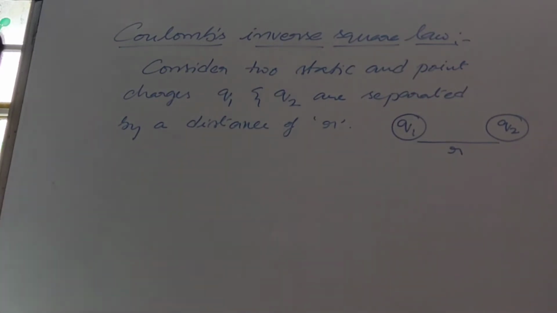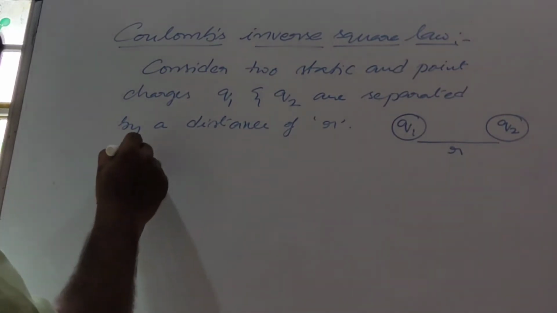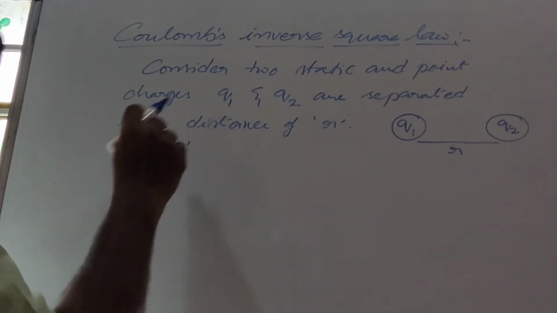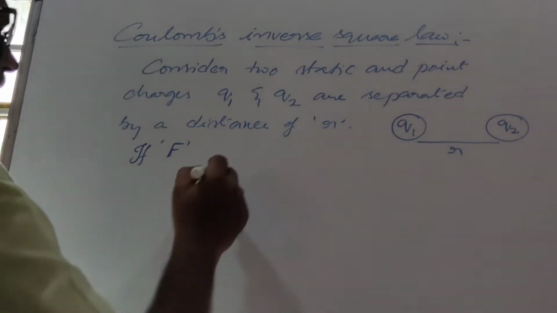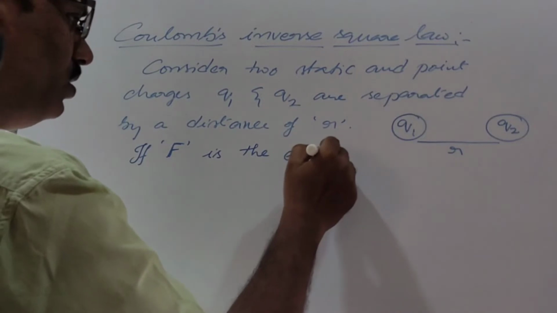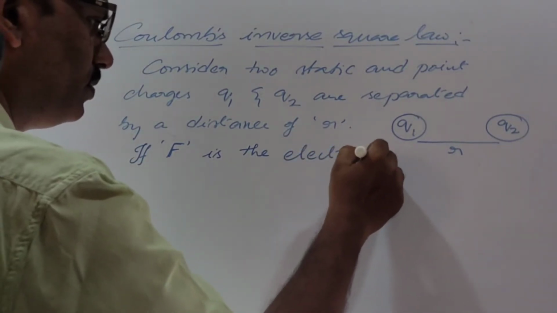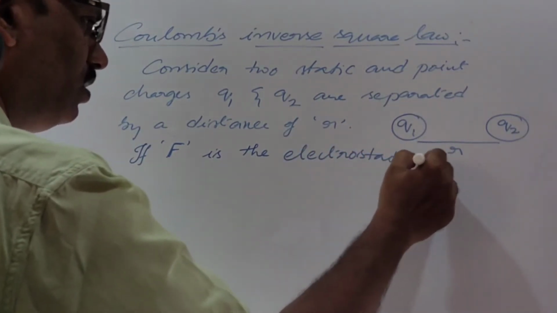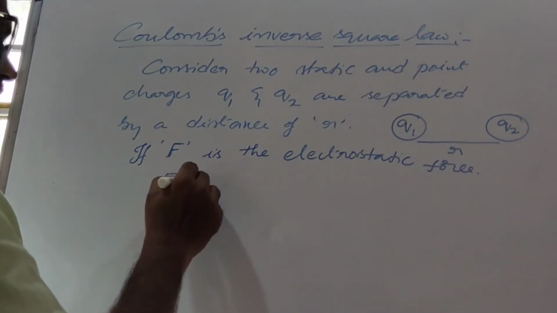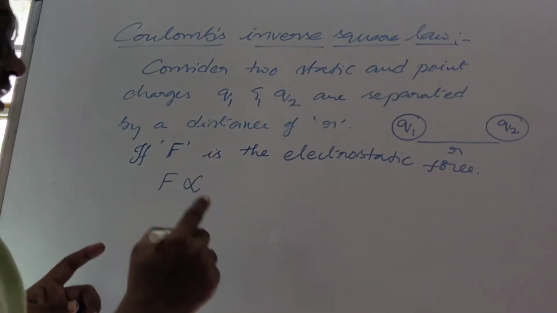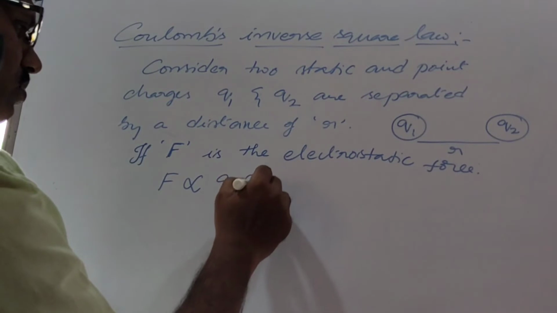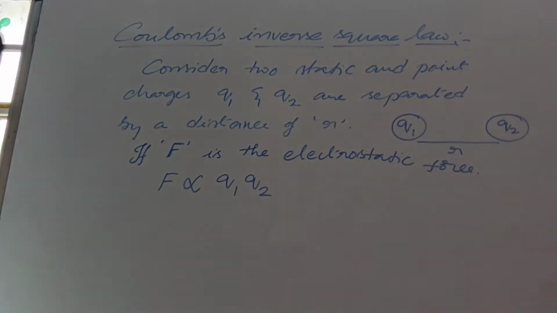Now according to Coulomb's law, if capital F is the electrostatic force between these two, then F is directly proportional to the product of the magnitudes of the two charges. So we can write F proportional to Q1 into Q2.